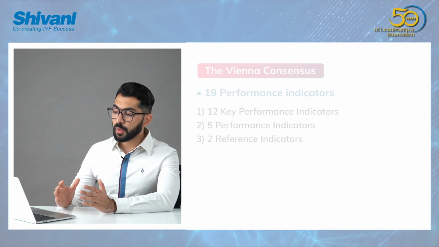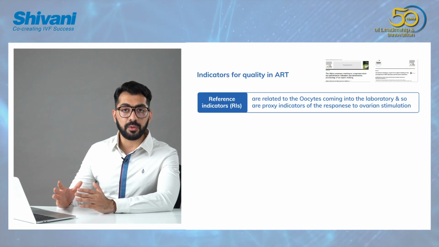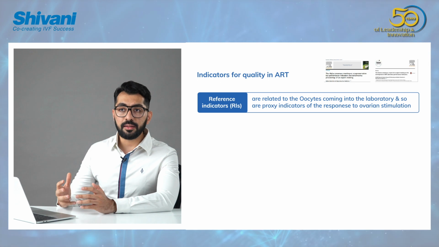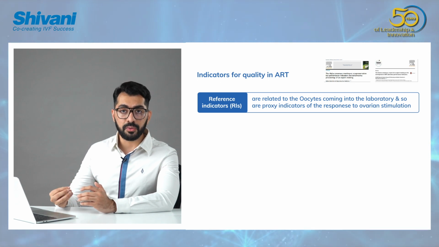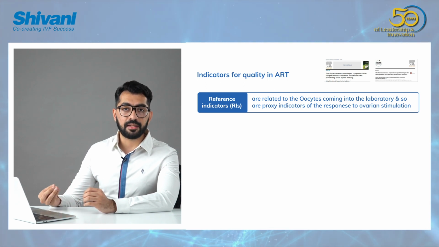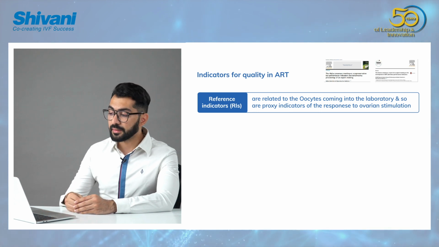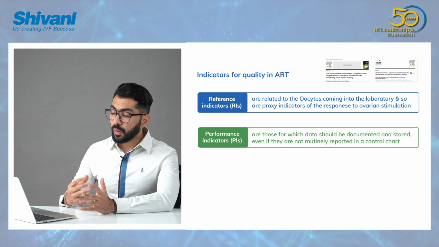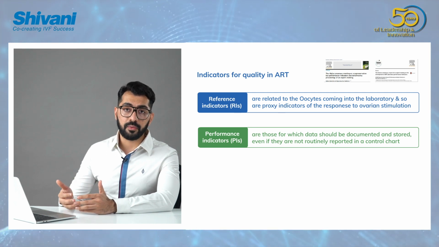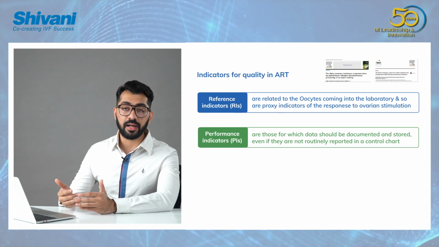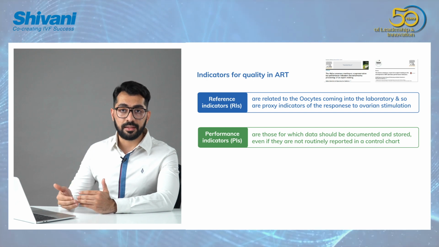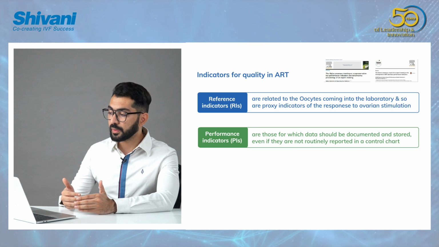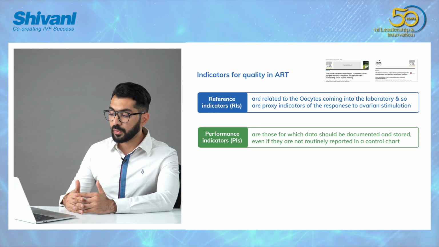Reference indicators are related to all the eggs that are coming into the laboratory. Anything which relates to the quality of the oocyte, we assess through a reference indicator. Performance indicators are all the data that should be documented within your laboratory. It's not necessarily that you're going to assess this data on a day-to-day basis, but you would want to document it and store it for later use.